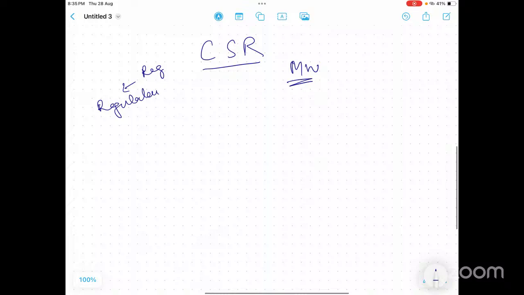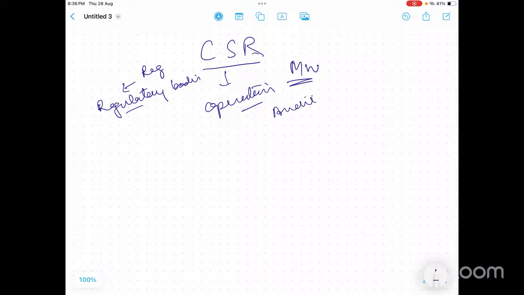So it's not only one team, correct? The operations team also contributes. Your audit reports are attached in this. And your PV team also reviews it. So CSR tells about what you have done in your whole study.